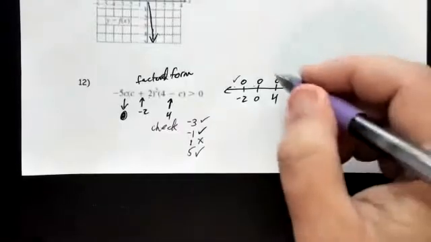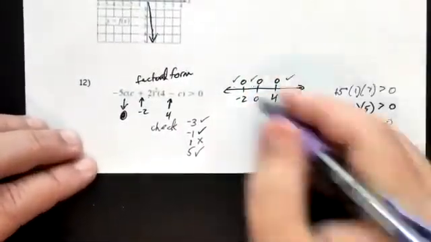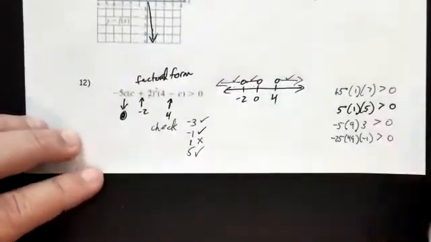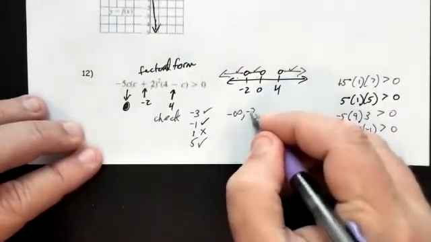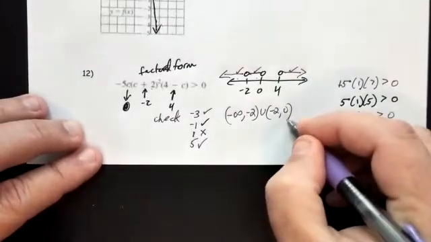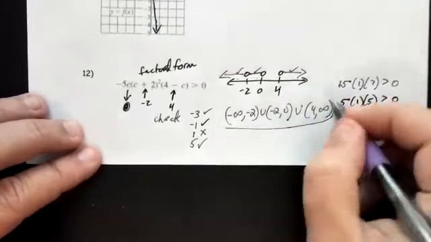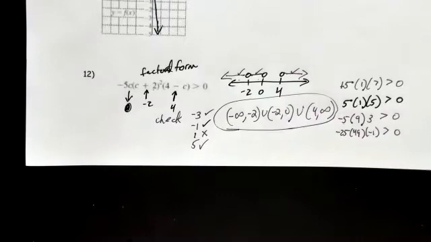Yes. So that works, and that works. So it's everything between here, here, and here. So my answer: negative infinity to negative 2, union negative 2 to 0, union 4 to infinity. And there's my answer. All those answers would work in that problem.